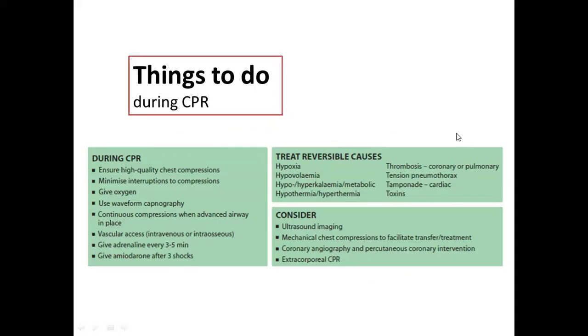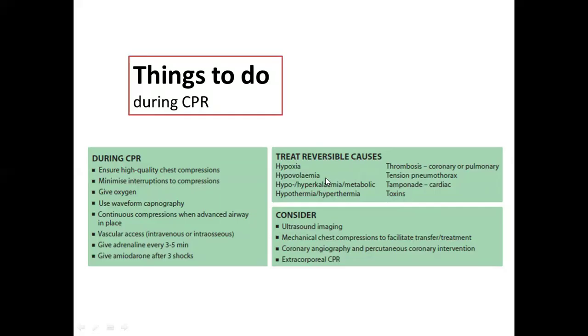We should reverse the reversible causes. These are the reversible causes for cardiac arrest. Very important. These are the causes for cardiac arrest in adults, usually. The 4 Hs and 4 Ts.